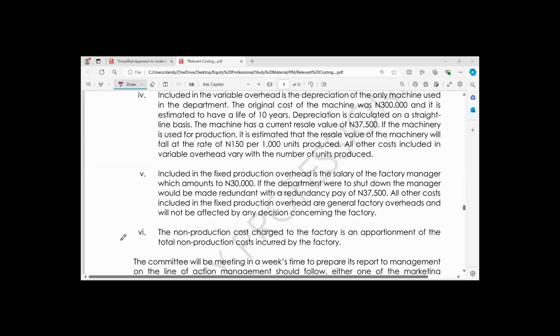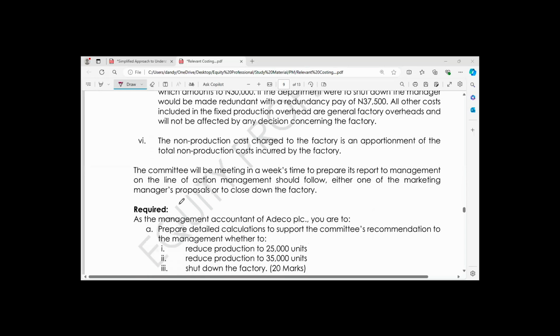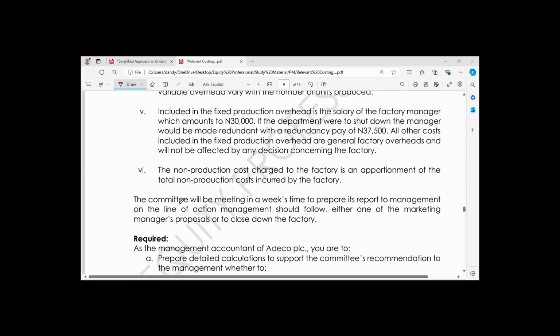If the machinery is used for production, it is estimated that the resale value of the machinery will fall at the rate of 150 naira per 1,000 units produced. All other costs included in variable overhead vary with the number of units produced. 5. Included in the fixed production overhead is the salary of the factory manager, which amounts to 30,000 naira.